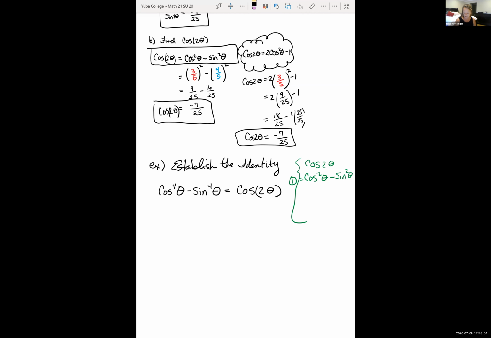And then I think to myself, okay, if I rewrite cosine squared with 1 minus sine squared, that would give me my second equation, which is 1 minus 2 sine squared theta. And the last one, if I had taken sine squared, replaced it with 1 minus cosine squared, distribute that negative, we would have had 2 cosine squared theta minus 1.